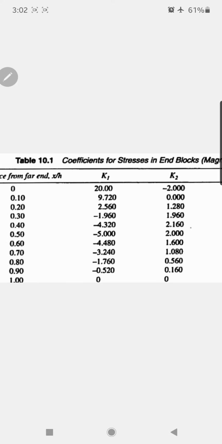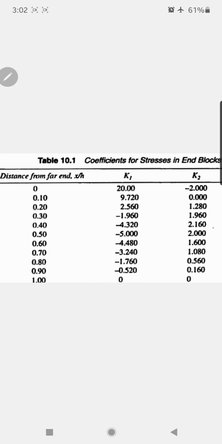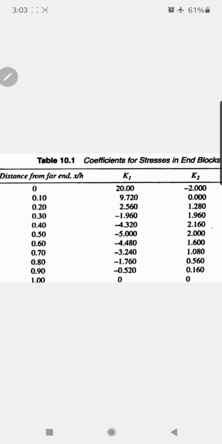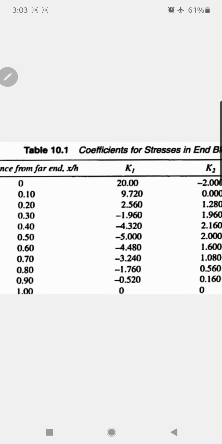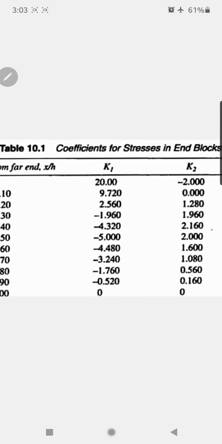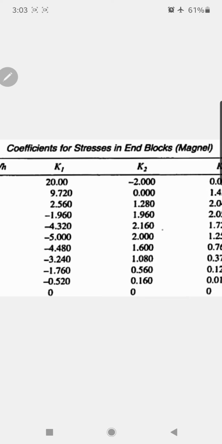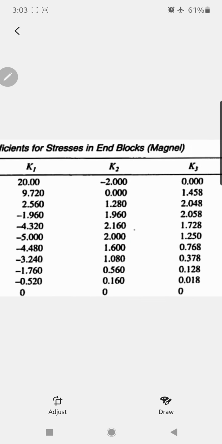These are the coefficients for stresses in end blocks, for different x by h ratios, where x is the distance of the maximum stress value and h is the depth of the section. For this problem we are assuming the maximum is at x by h equal to 0.5. For 0.5, the values of K1, K2, K3 are -5, -5, +2 and +1.25.